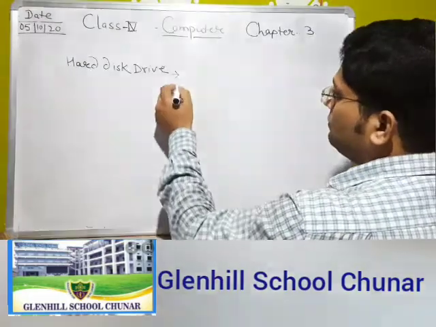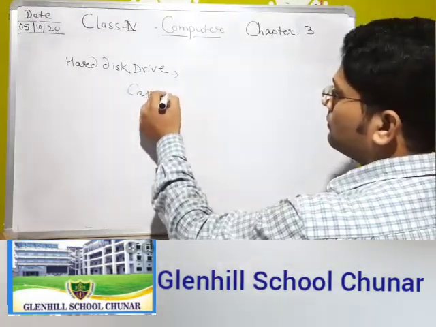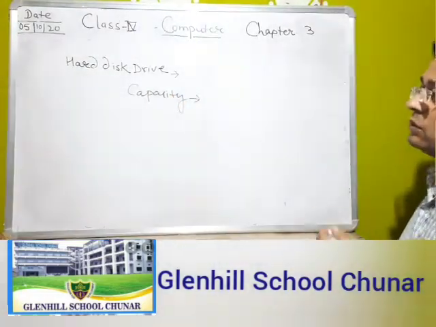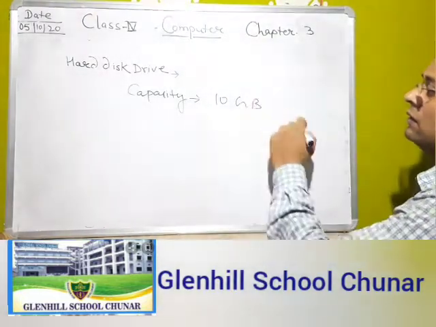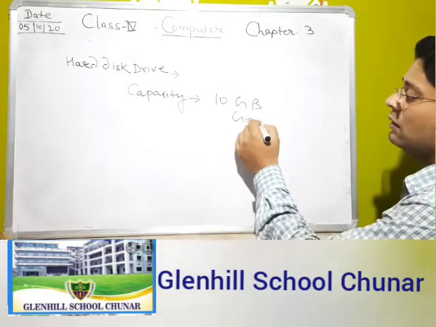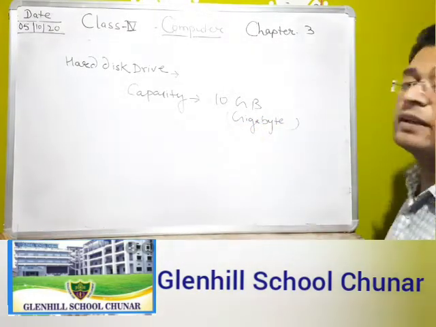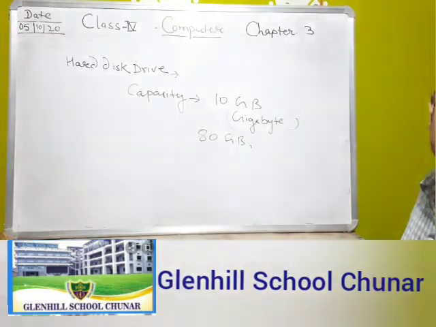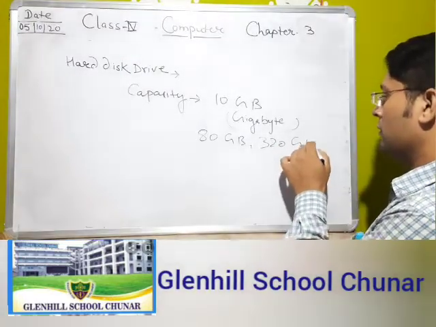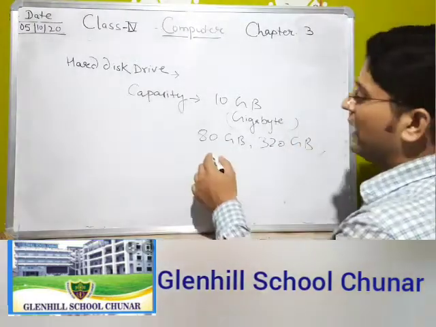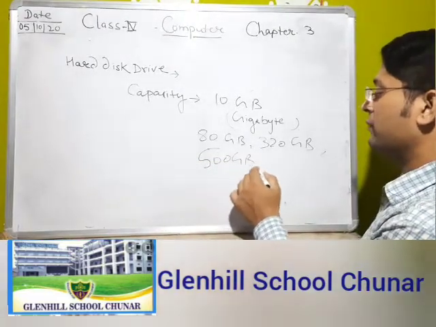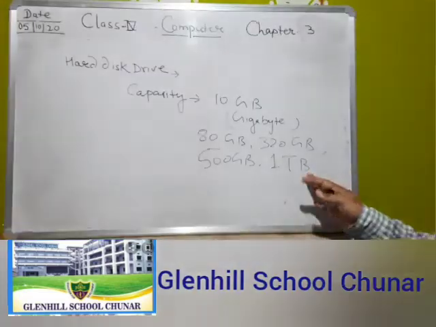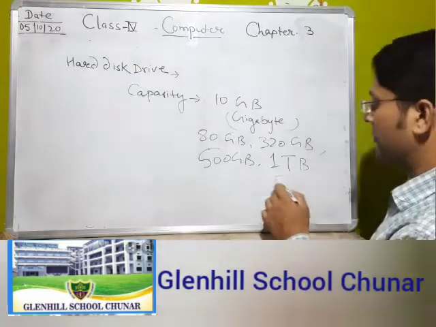So the capacity of the hard disk drive is too much. GB means gigabyte. 10 GB, 80 GB, 320 GB, 500 GB and 1 TB. Now what has come after GB? TB, that is terabyte.